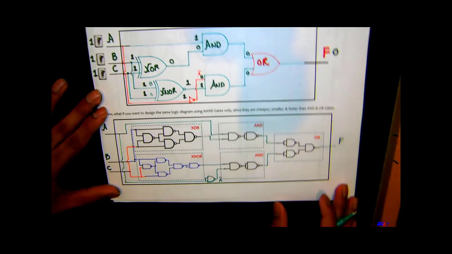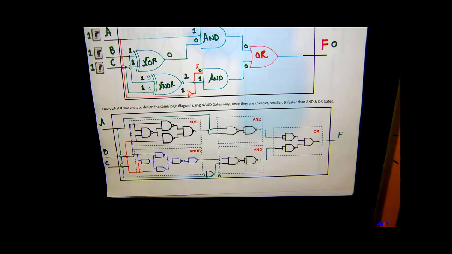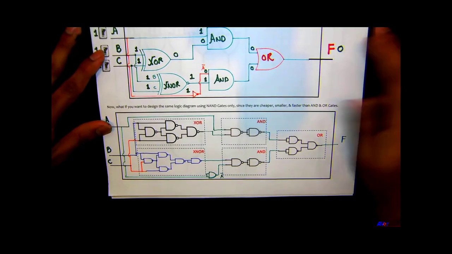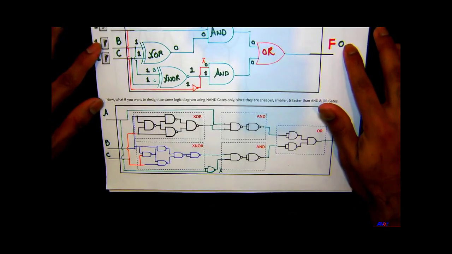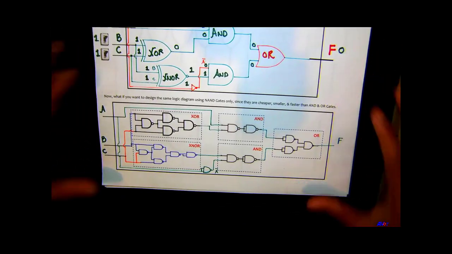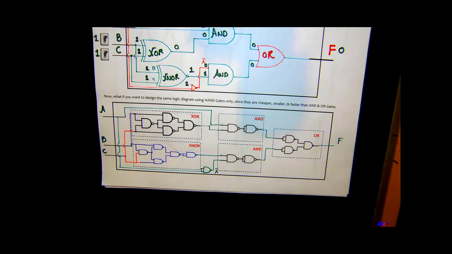Okay, all right. So basically what I've done is convert this logic diagram into another logic diagram which is only composed of NAND gates. We can simplify this further, but that is not the goal for today's lecture.